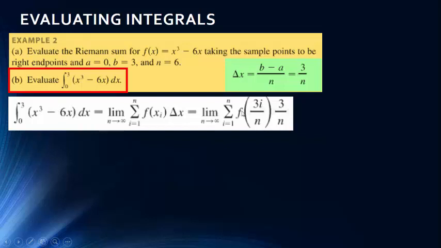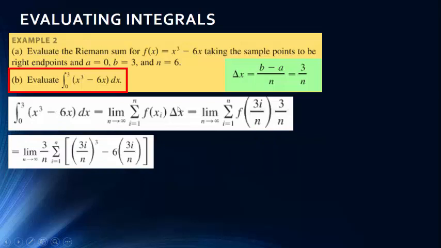So I find this first step, although maybe not so necessary, helps me to see what my x is and what my delta x is, and then I want to rewrite this whole thing. Okay, I want to rewrite f of x in terms of f of x sub i. So x cubed will become 3i over n, because that's my x in this problem, cubed, minus 6 times 3i over n.